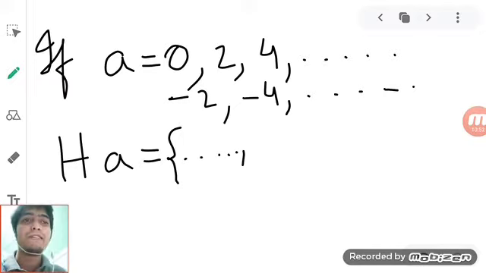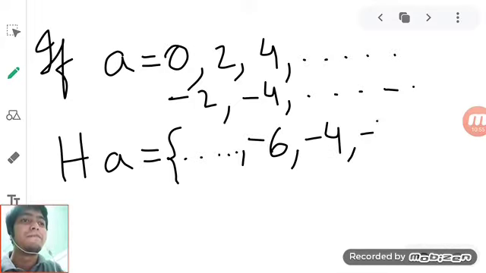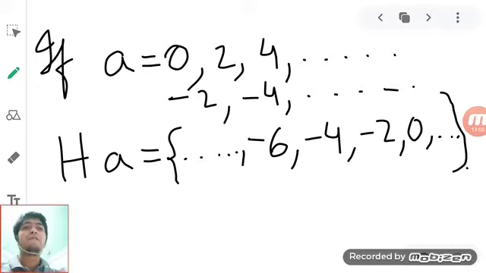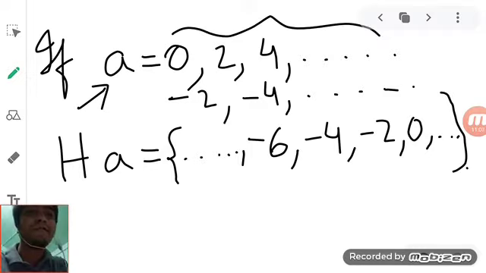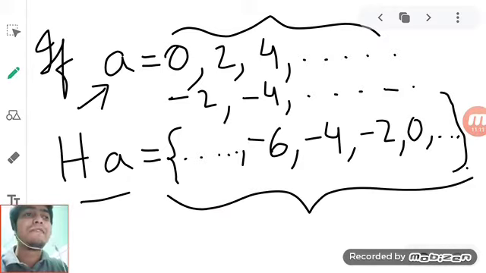HA will be the same set, that is the set of even integers: minus 6, minus 4, minus 2, 0, and so on. So this is very important. Even though A is taking infinitely many values, HA reduces to one set, but of course with infinitely many elements.